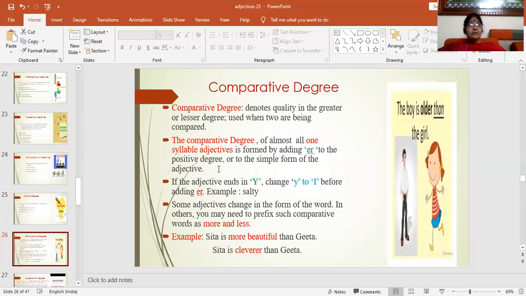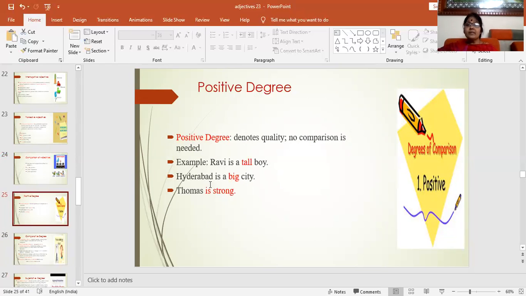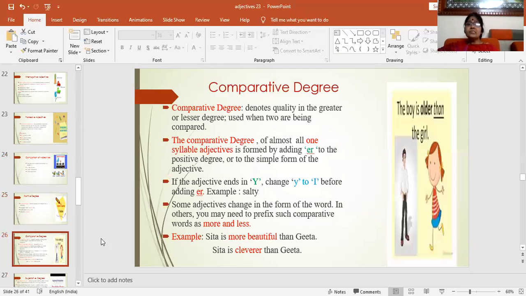So what is the positive degree? It just denotes quality with no comparison. Then what is a comparative degree? It denotes quality in the greater or lesser degree, used when two are being compared.